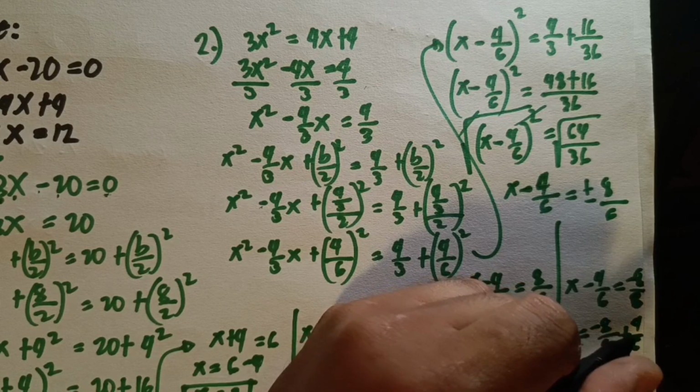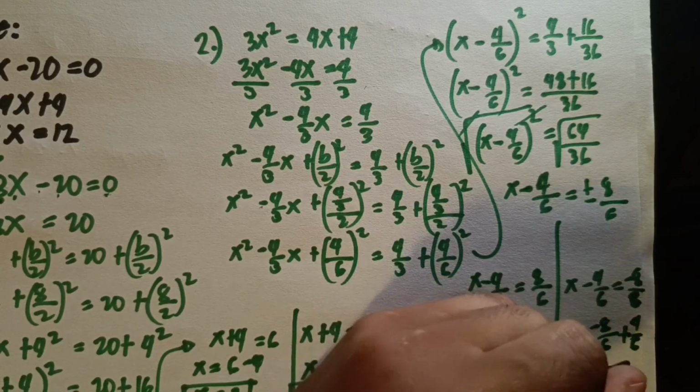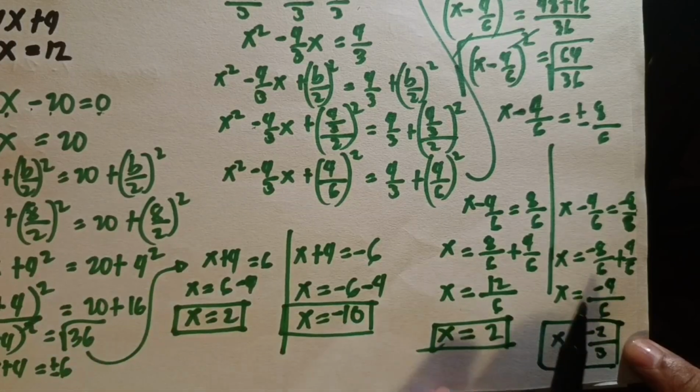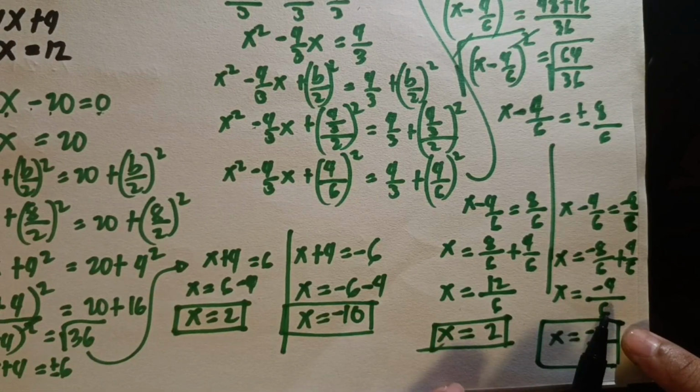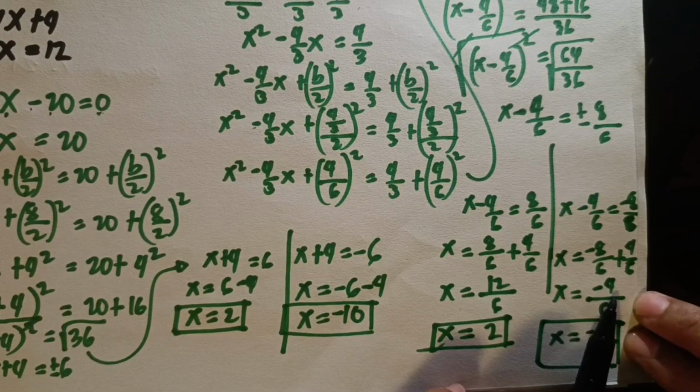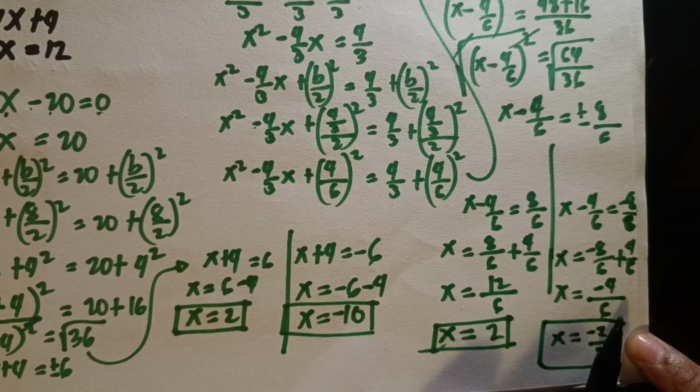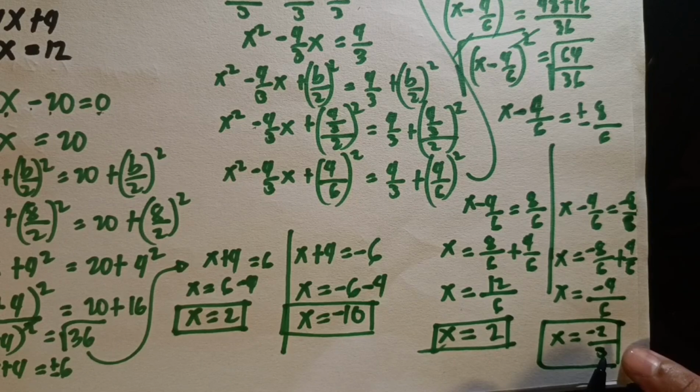So negative 8 plus 4 is negative 4. So x equals negative 4 over 6, which again is divisible by 2. Negative 4 divided by 2 is negative 2, and 6 divided by 2 is 3. So this is now the final answer. The roots of the equation, or the values of x, are 2 and negative 2 over 3.